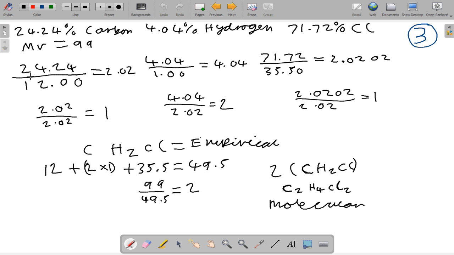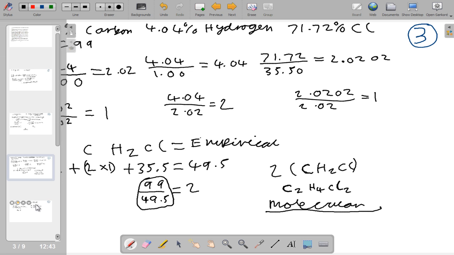So empirical is CH2Cl, and then working out the MR for that, we get 12 plus 2 times 1 plus 35.5 is 49.5. So dividing 99 over 49.5, we get 2. So 2 times CH2Cl, we get C2H4Cl2, and that is the molecular formula. So that must be the actual formulae.